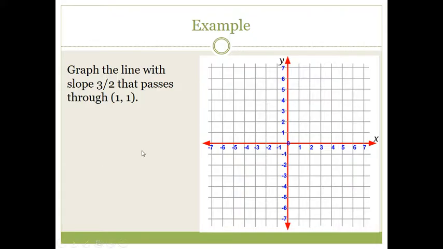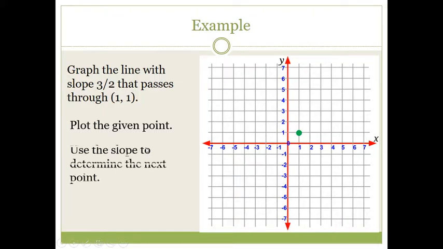All right, well, I'm going to go ahead and plot that point, right? There it is. There's the point (1, 1). Now I'm going to use the slope information to get to my next point. As I mentioned before, 3/2 can be thought of as rise over run, or change in y over change in x.